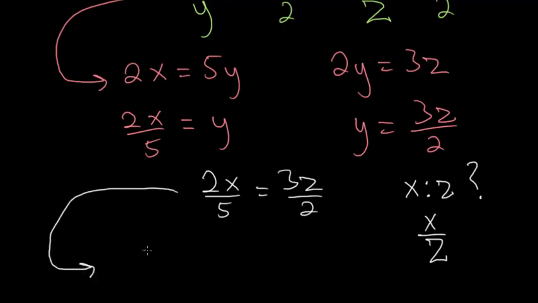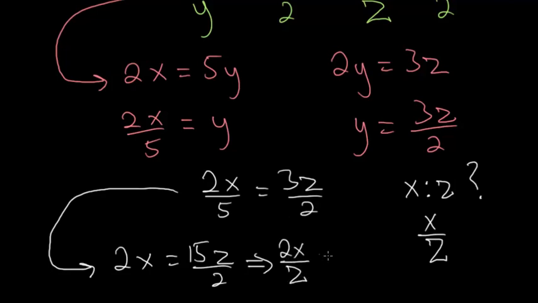So multiplying everything by 5, we have that 2x is equal to 15z over 2. And then I want to divide everything by z, so that we're left with 2x over z is equal to 15 over 2.